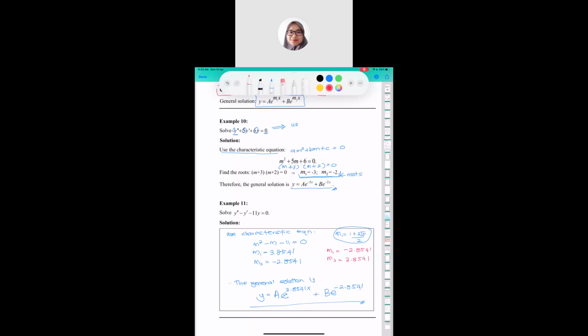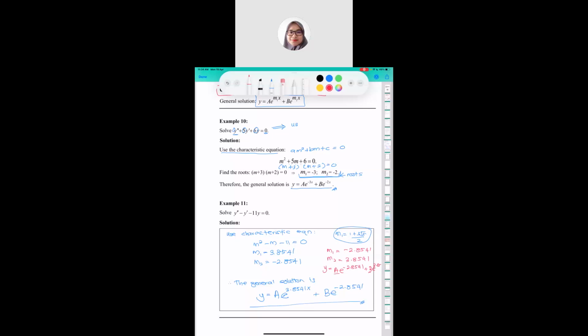Even though nanti you punya general solution akan jadi A e^(-2.8541x) plus B e^(3.8541x). Sama. It's different constant kat depan ni. Constant tak kisah. Sebab nanti kalau you ada initial condition, you akan dapat particular solution yang sama.